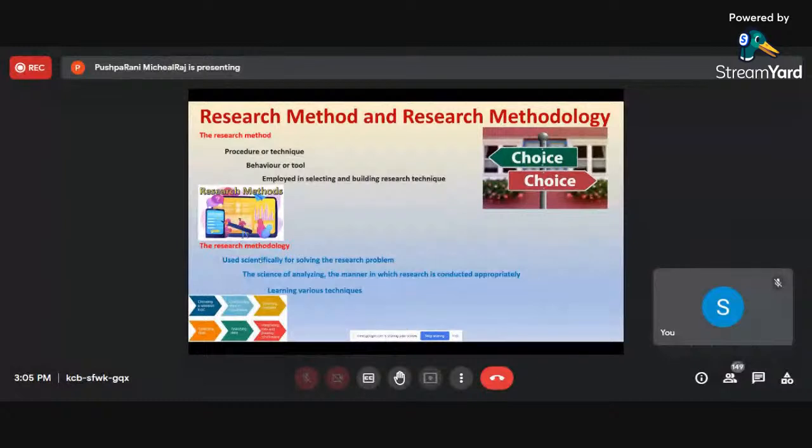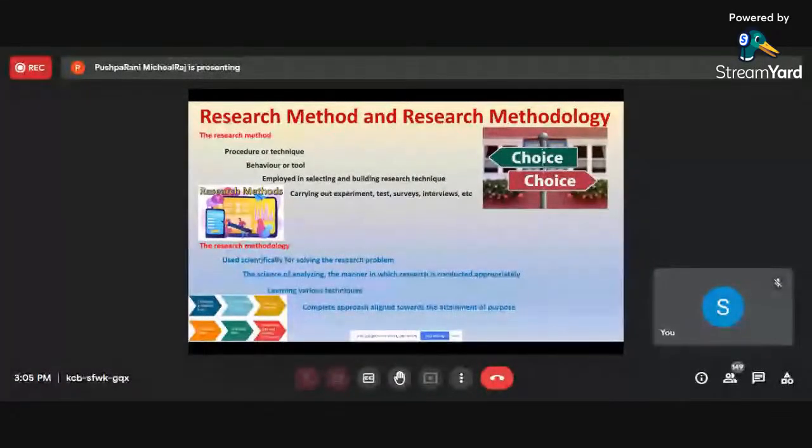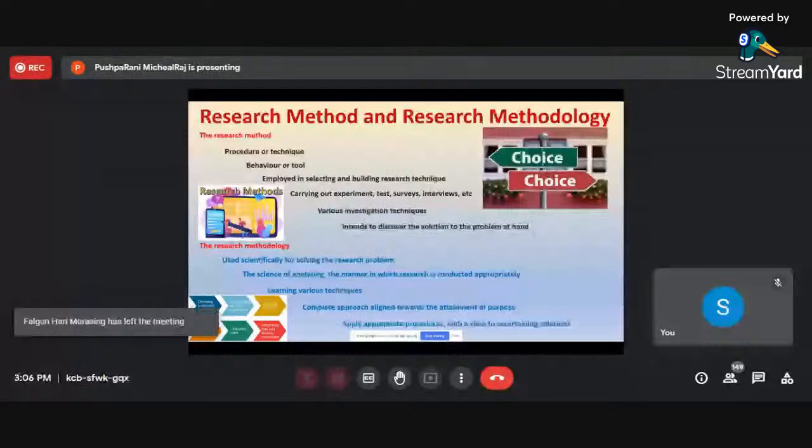So which method is like investigation of techniques, and which technique is suitable for my particular research question in order to understand. So the various investigation techniques, various experimental techniques, these are all called research methods.